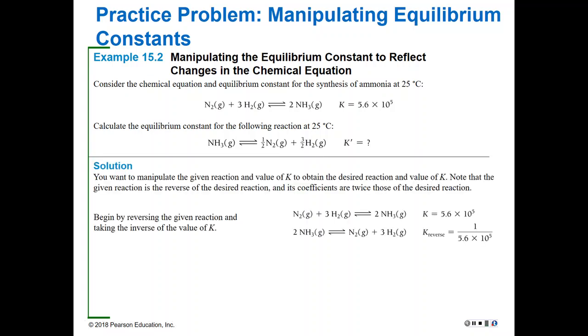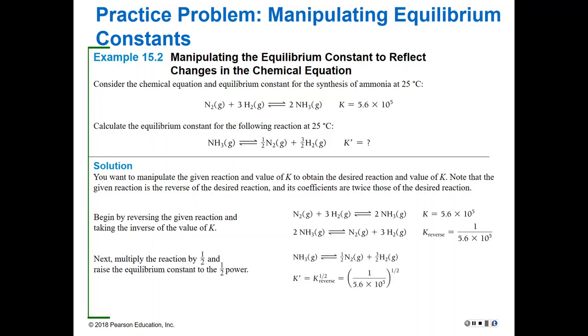So the first thing we're going to do is find K reverse. K reverse is the inverse of K forward. So literally 1 over 5.6 times 10 to the 5. That's going to be your first step in finding the equilibrium constant for the reverse reaction. Now, you will see that this was halved from this.